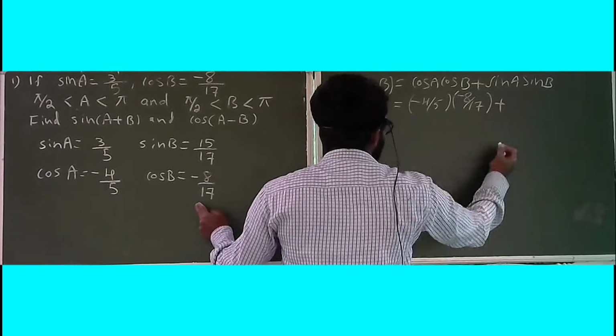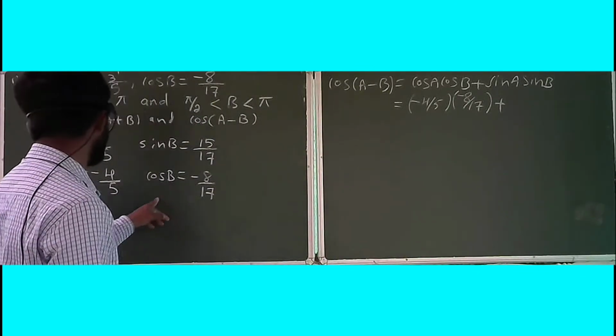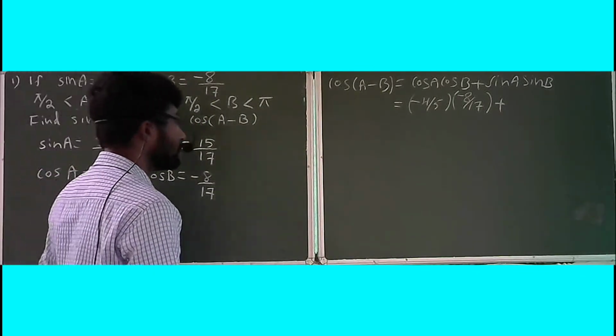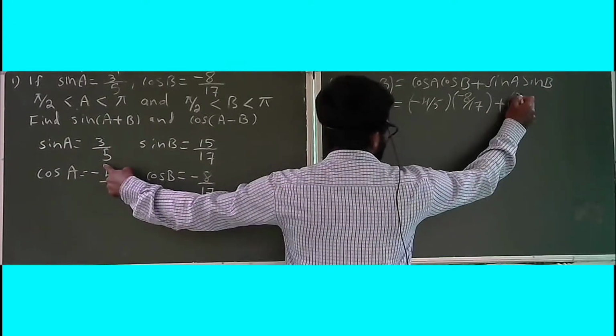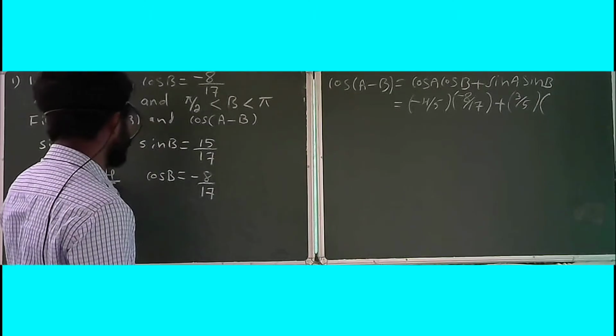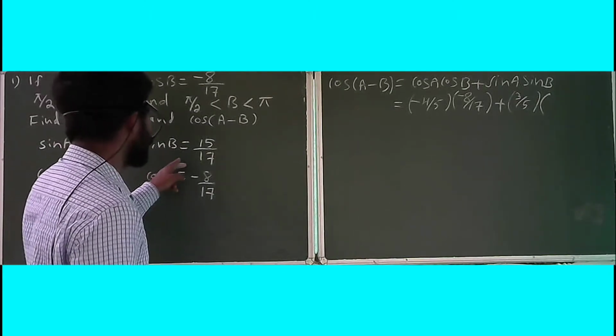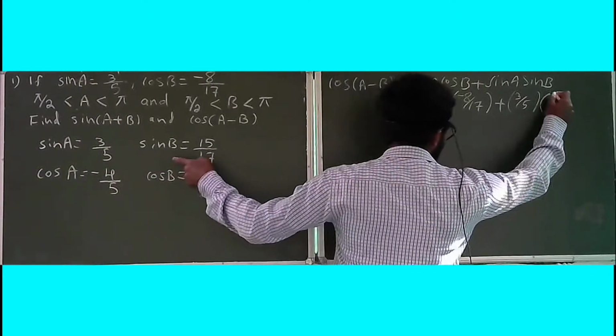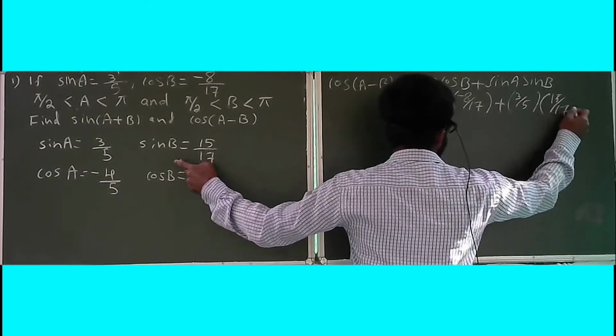Okay. Plus sin A. Sin A value is equal to 3 by 5 into sin B value. Sin B value is equal to 15 divided by 17.